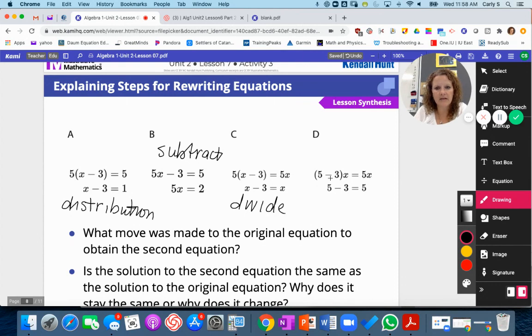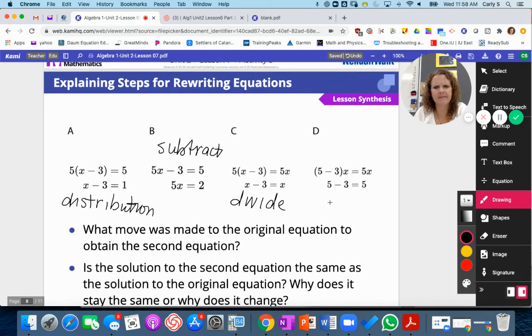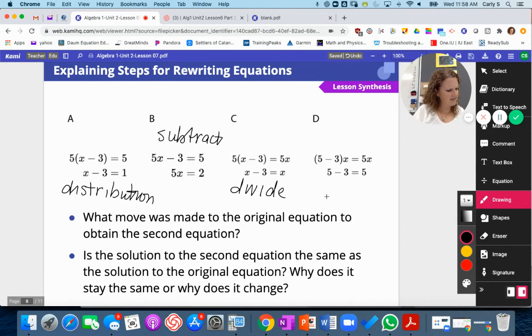And then here, let's see, what am I doing here? Divide both sides by x. Okay, that's not valid. Let me see what I'm supposed to be doing here.